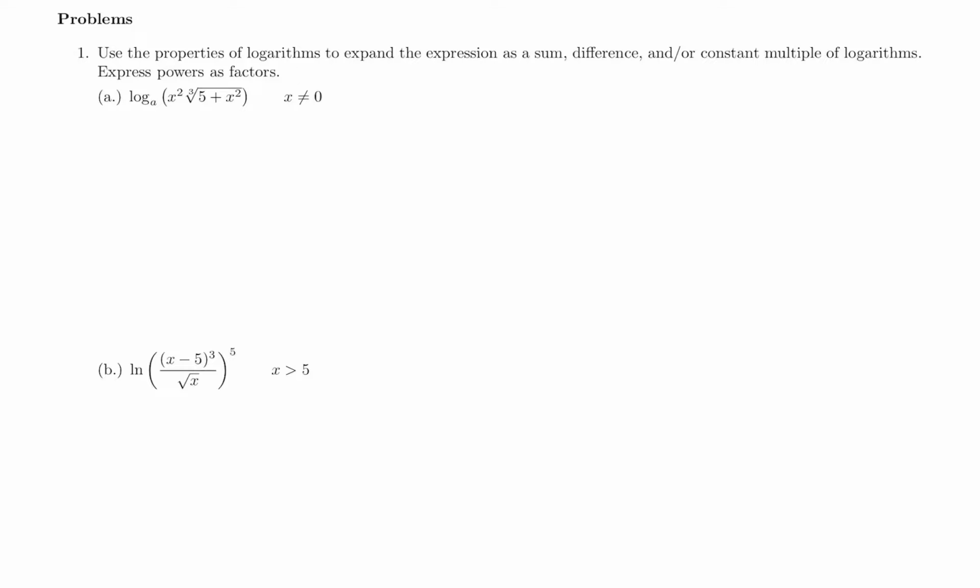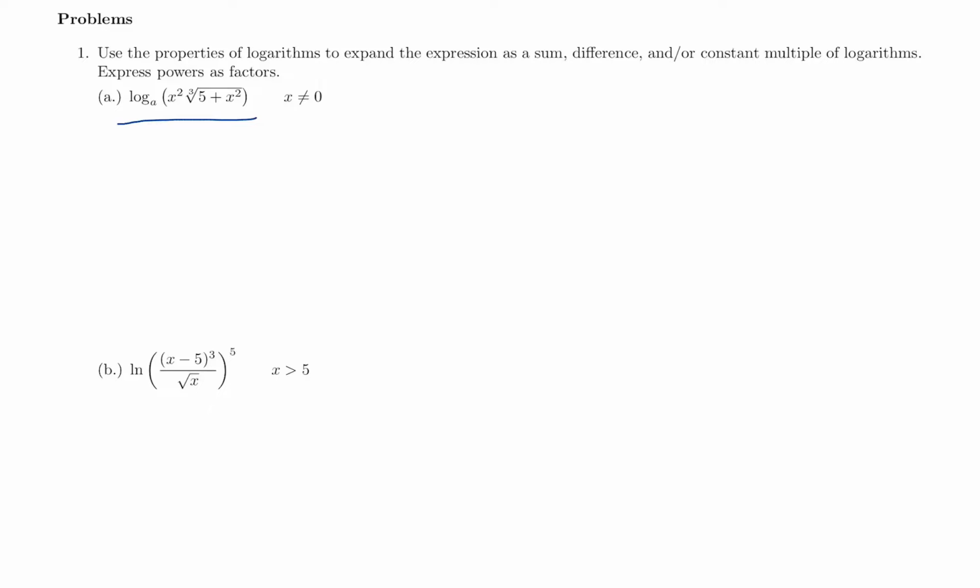Okay. So first one, use the property of logarithm to expand the expression as a sum, difference, or constant multiple of logarithms. Okay, and express powers as factors. So that means we want to express this using sum or difference or constant multiples.